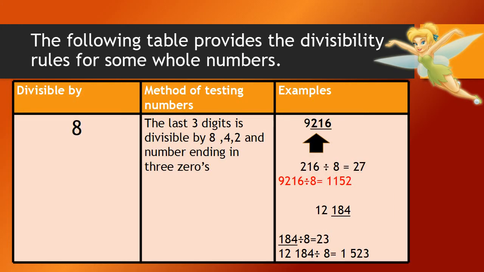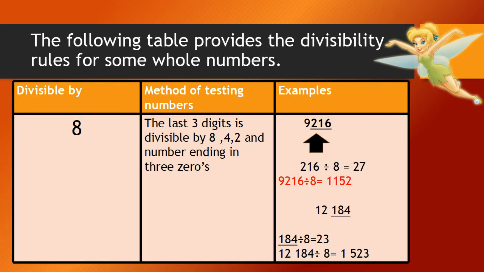Divisible by 8. Method of testing numbers: the last three digits is divisible by 8, and numbers ending in three zeros. Examples: 9,216. So the last three digits, 216, divided by 8 is 27. So therefore, to check, 9,216 divided by 8 is 1,152.